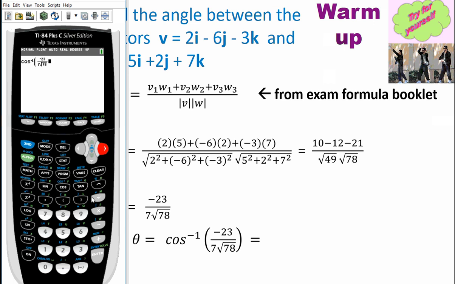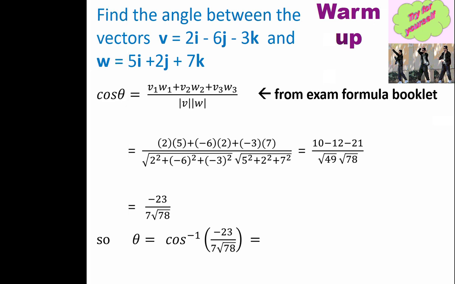Practice using your calculator a lot. You want to be really good at using your calculator. Write out your unrounded answer, and then your rounded answer. This one is a 3 significant figure answer that I've given.